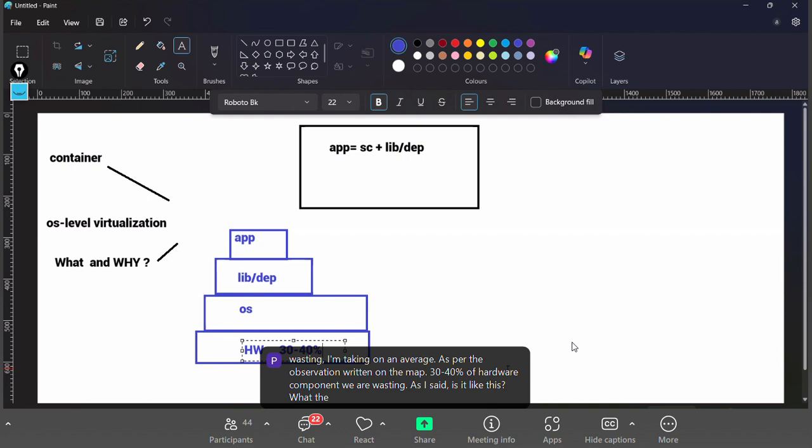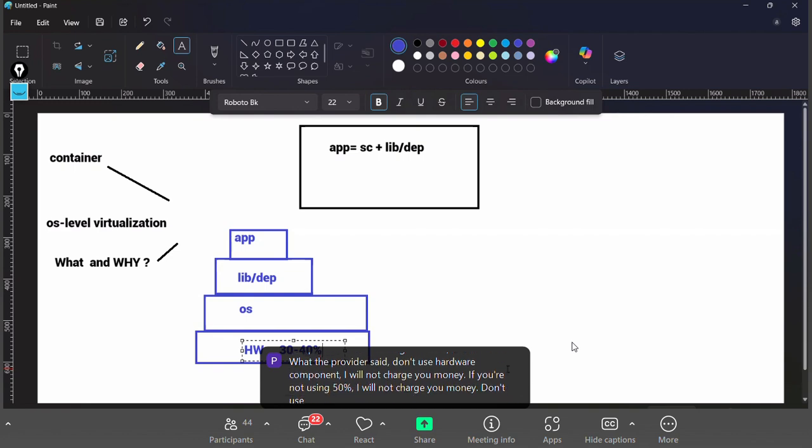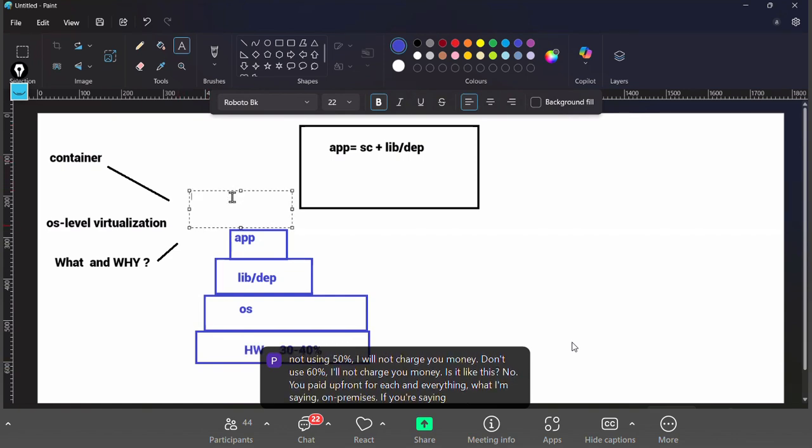The provider did not say, if you don't use 50% or 60% of the hardware, I will not charge you. No, you paid upfront for each and everything. This was a major concern: you are wasting a lot of hardware resources.